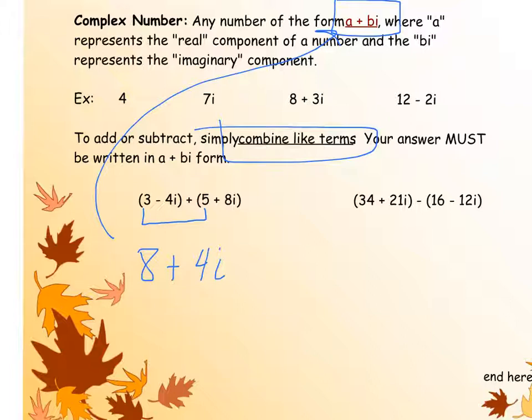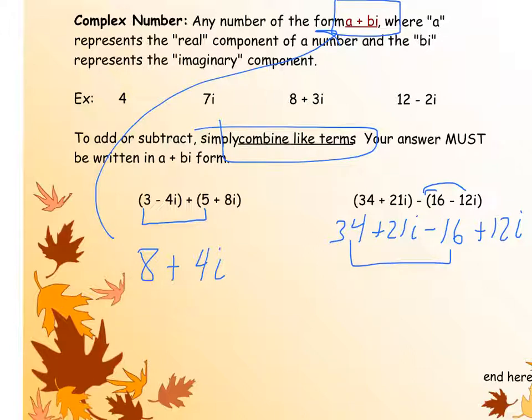On this last example, be careful of parentheses. If I want to start combining like terms, I need to distribute this negative sign, which will make that minus 16 and plus 12i. Once that is gone, then I'm free to just simply combine like terms, like 34 and 16.